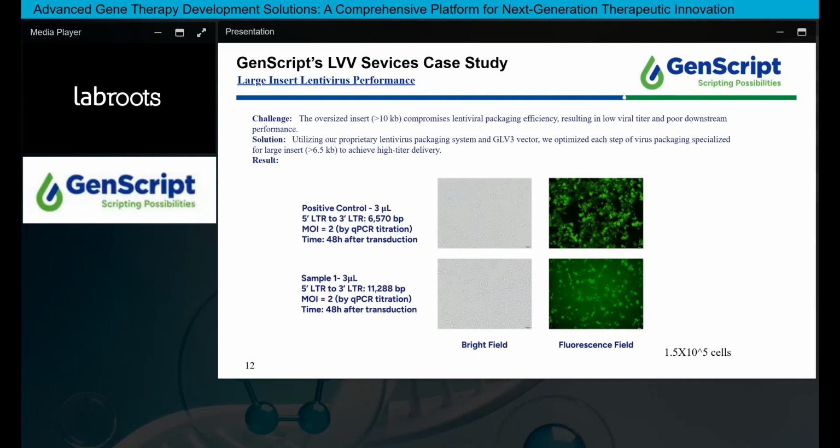So with our proprietary vector, as shown in an example here, we optimize every step within a controlled process. The result is compelling. Within just 48 hours of transduction, you can see the strong fluorescence, clear evidence of gene expression.